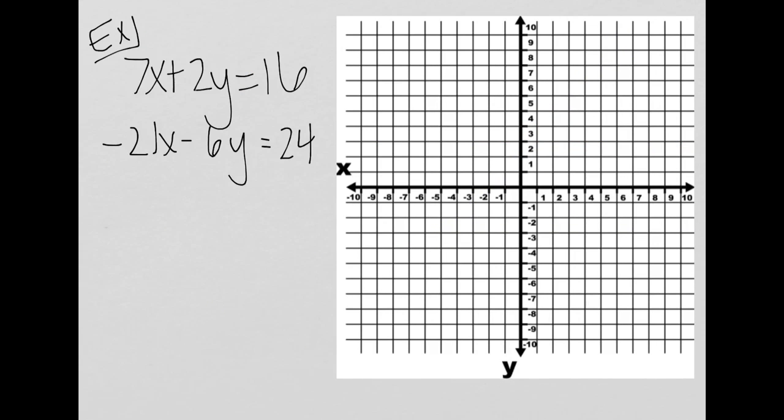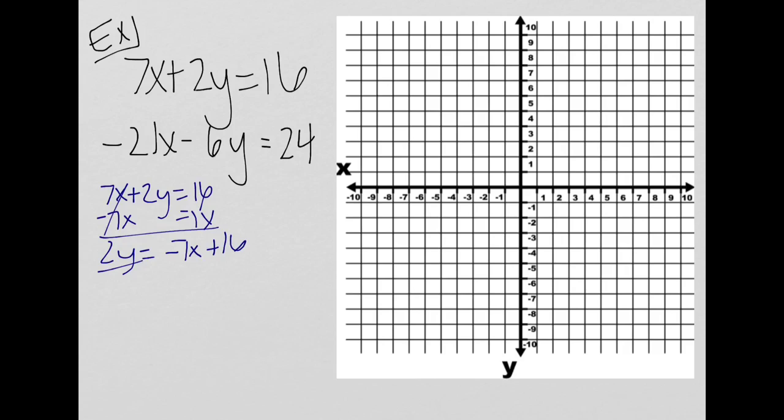Alright, this one, they both need to be rearranged to begin with. So let's get the first one rearranged. So I'm going to minus 7x on both sides. So 2y equals -7x plus 16. And then divide everything by 2.